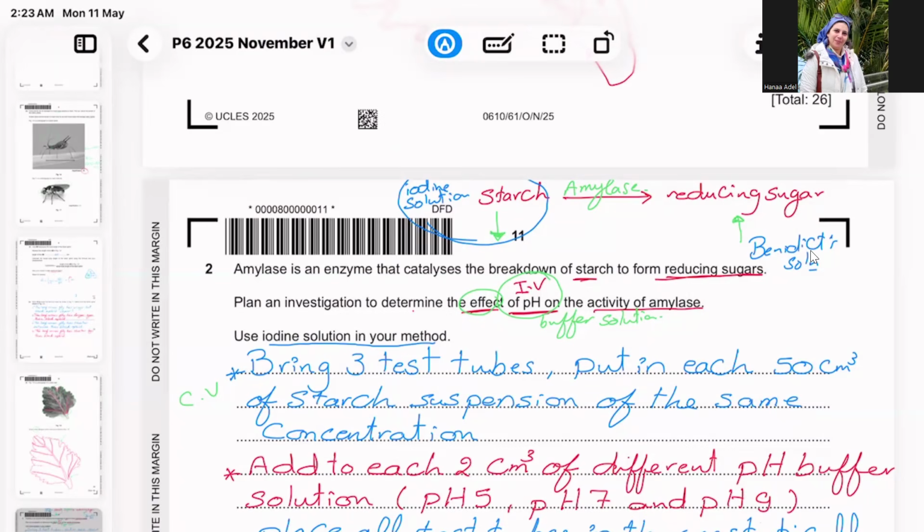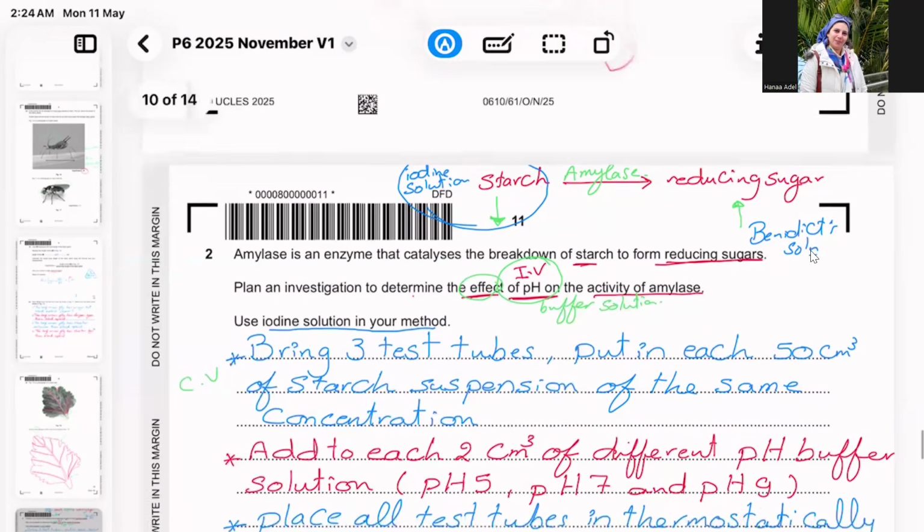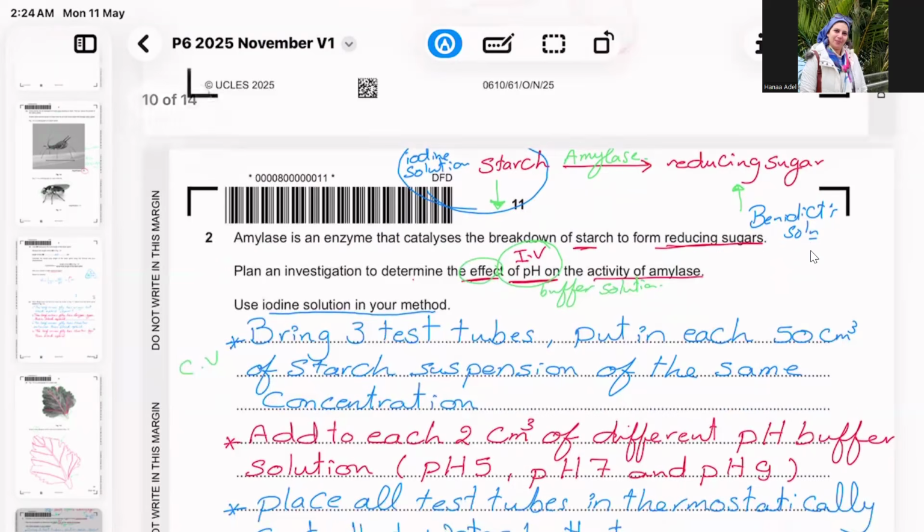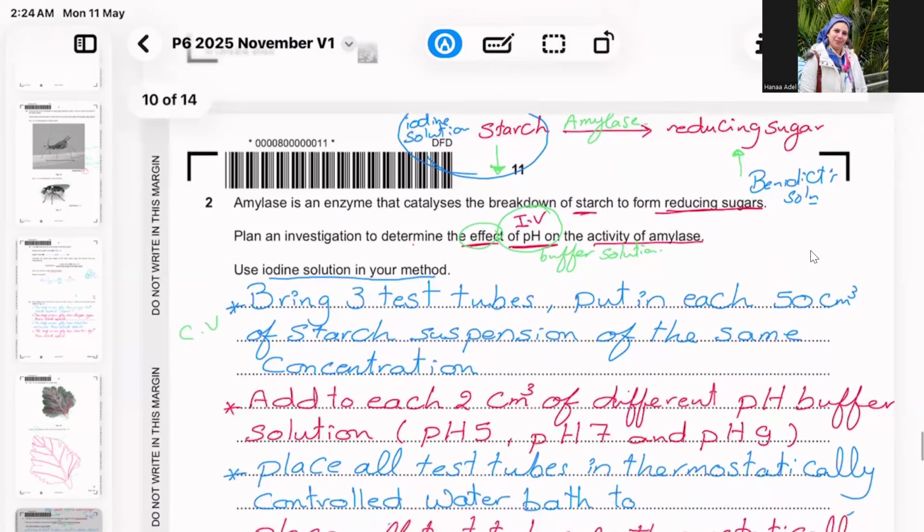So we have to use a thermostatically controlled water bath to maintain the temperature. So place all the test tubes in a thermostatically controlled water bath to maintain the temperature.